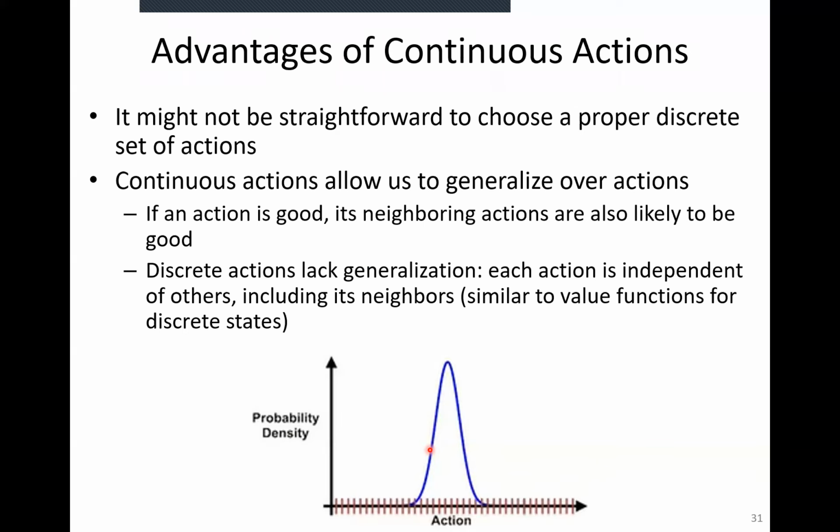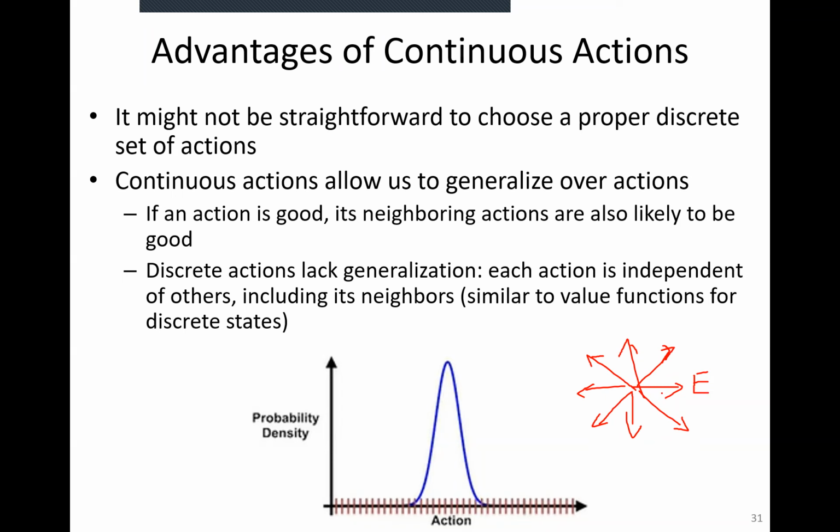Suppose you have a set of discrete actions. In a grid world, you may have 4 directions, or 8 directions to be more fine-grained, or you may have more. Suppose you learned that the east direction is very good.